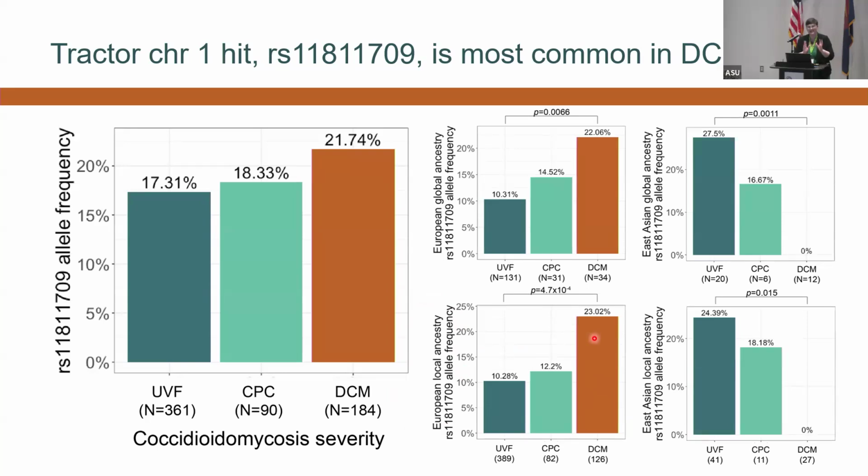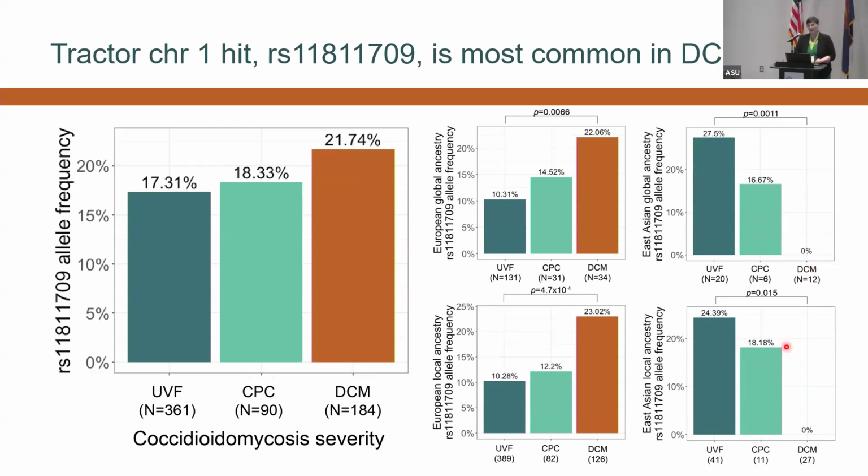Very confusingly, and that's why it's taken me so long to get through all of this GWAS data, the effect sizes are not the same in different populations. And that's because there are differences in linkage disequilibrium and differences in allele frequency between populations. So if we look in just our patients that had primarily East Asian global ancestry, which just isn't that many patients, those individuals who had disseminated disease, none of them have the alternate allele for this variant.